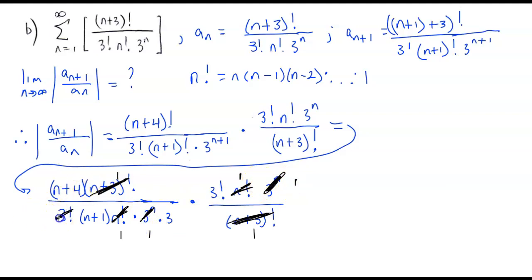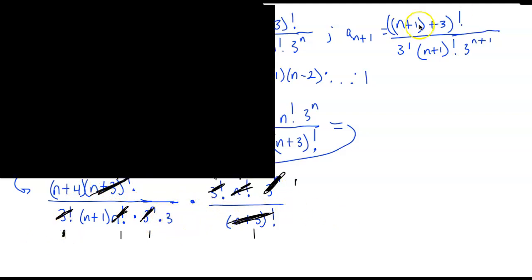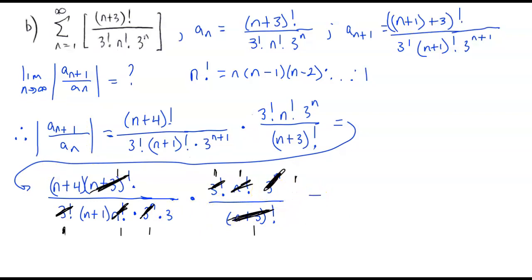We have this 3 factorial and this 3 factorial reducing to 1. And so here, what we end up having left after all this will be n plus 4 divided by this 3 times n plus 1.